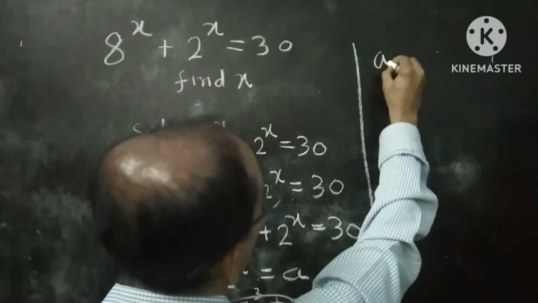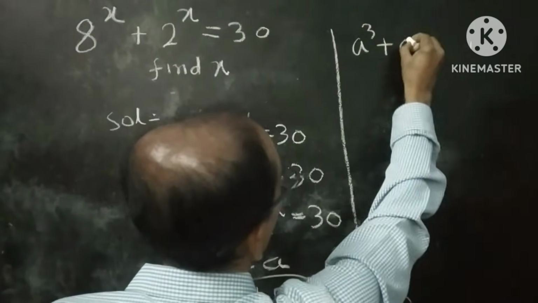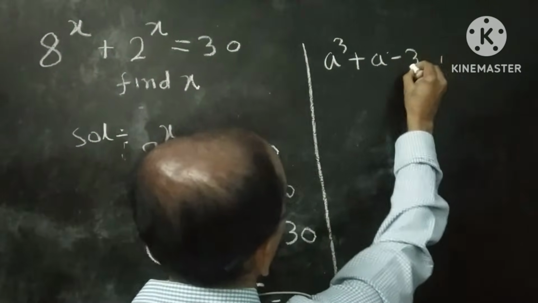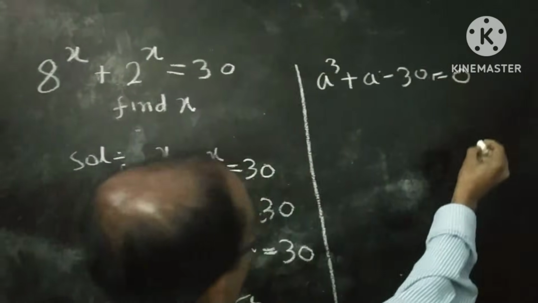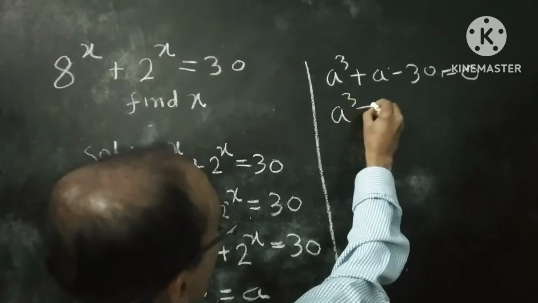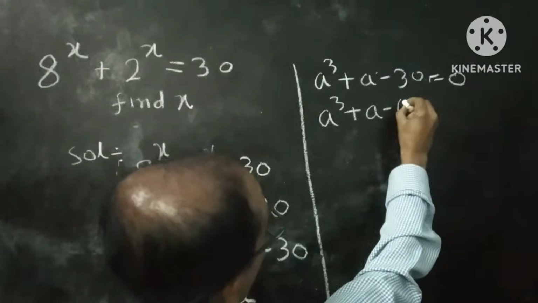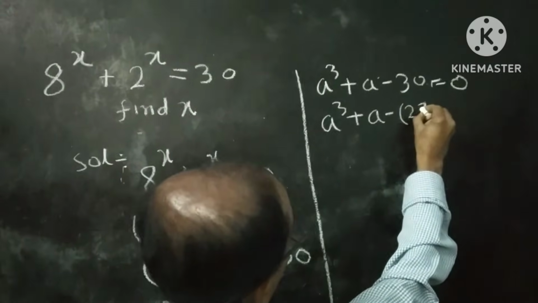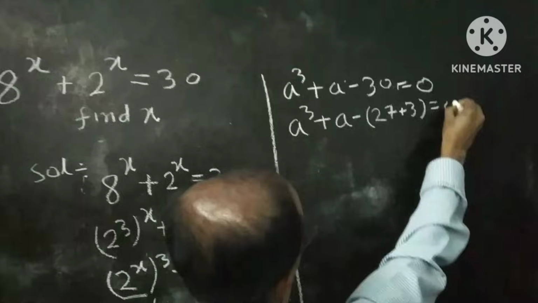Now a to the power 3 plus a minus 30 equal to 0. A to the power 3 plus a minus, we write 30 as 27 plus 3, equal to 0.